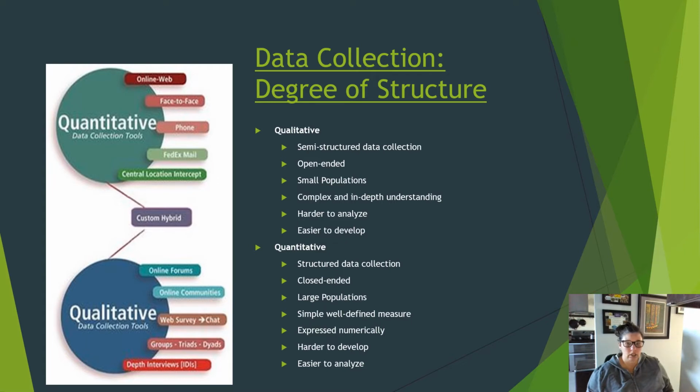So let's first talk about the difference between qualitative and quantitative data. Often what qualitative and quantitative data means is the degree of structure to which you are doing your research or collecting your data. So qualitative data is most often semi-structured.